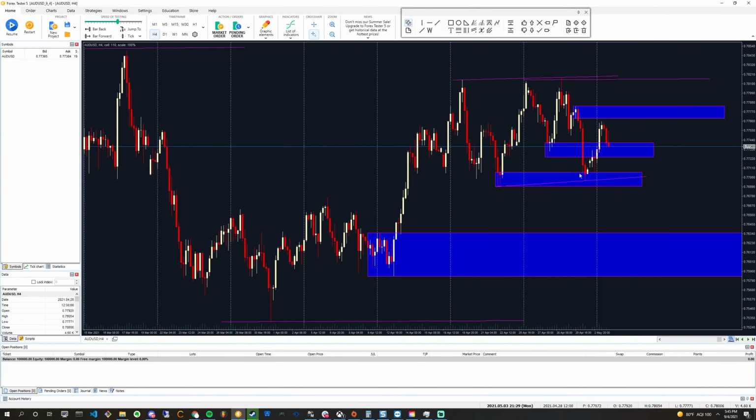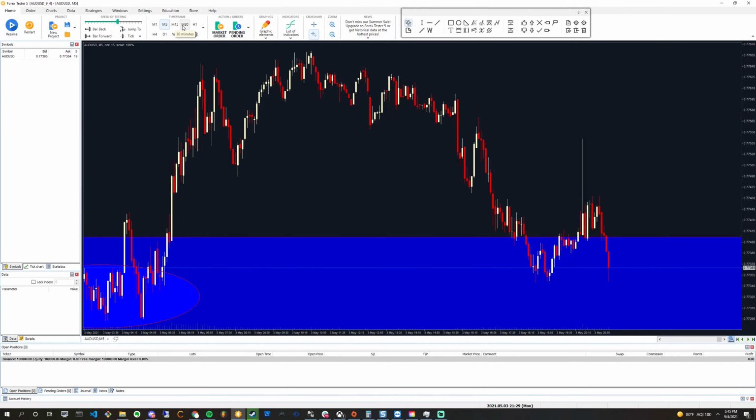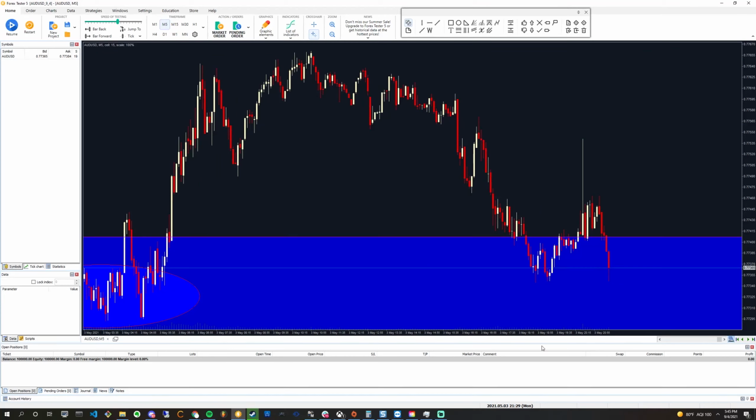Let's go to the daily and just make sure. Yeah, that's looking good. Maybe we could refine our entry a little bit, but I don't know. On 30-minute, that looks like a sell right now. On the 5-minute, we got some rejection here.